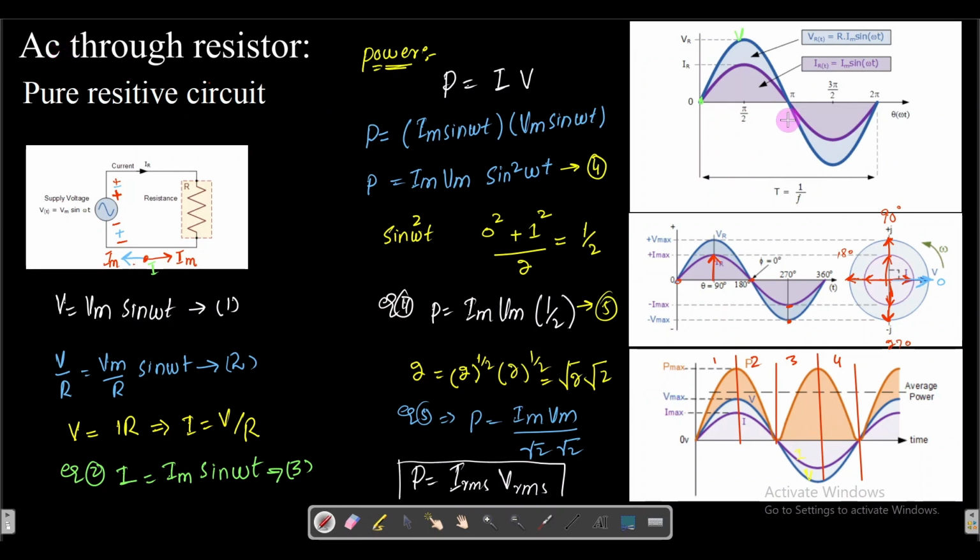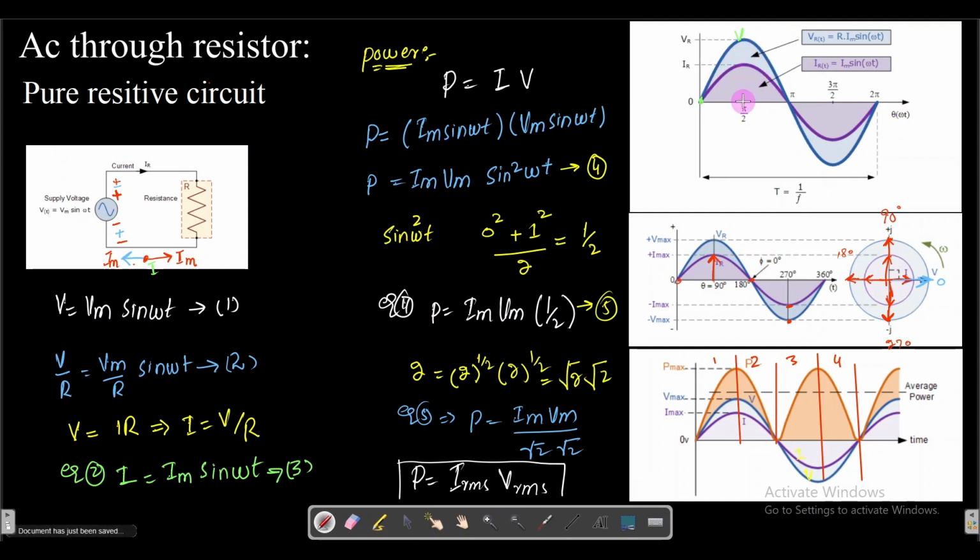So one thing is remaining here. We draw this sinusoidal function for the current with less amplitude, with a lower maximum value, and we draw that for the voltage with the higher amplitude.